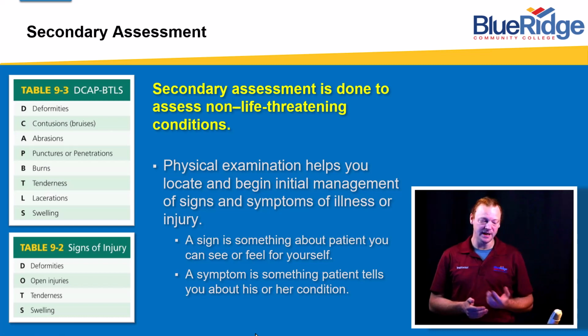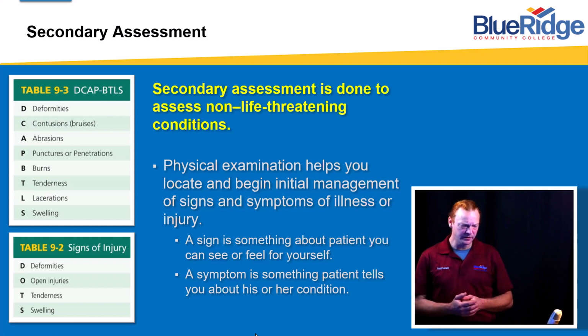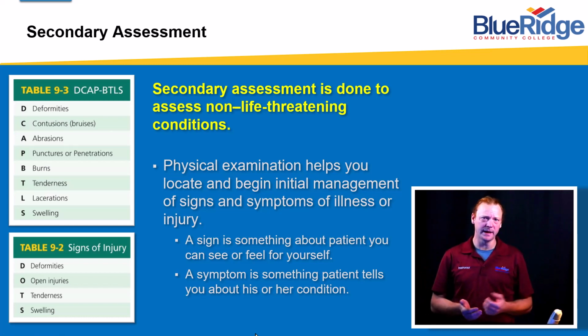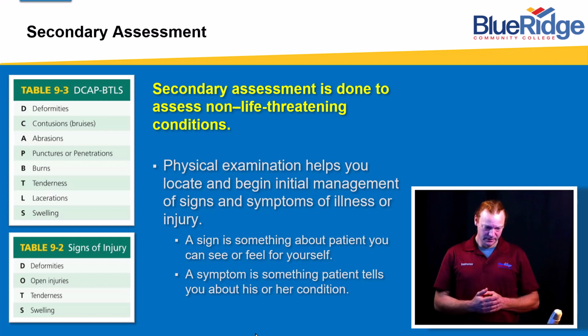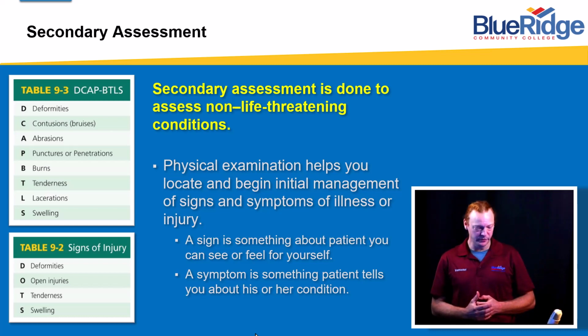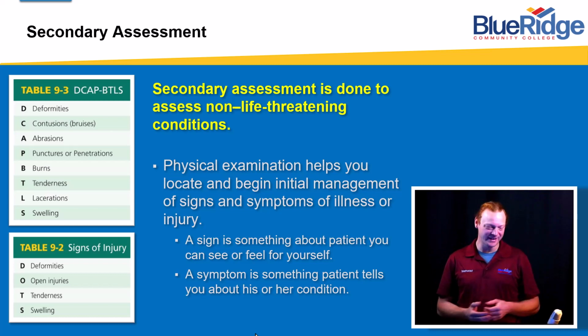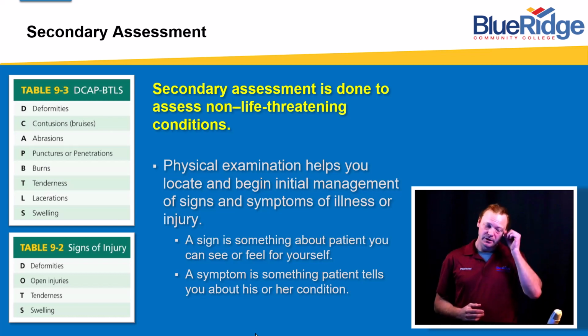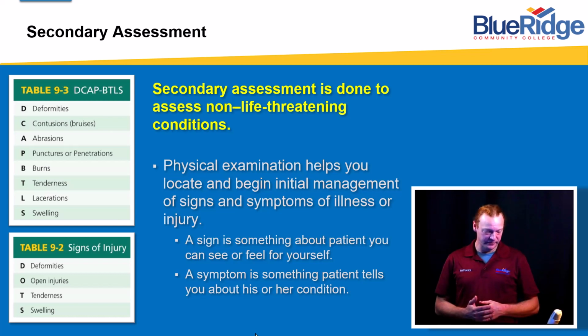This is called DCAP BTLS. This is more for looking at traumatic injuries. DCAP BTLS: deformities, contusions, sometimes confusions, that's usually on the provider's part, abrasions, punctures or penetrations, burns, tenderness, lacerations, and swelling.